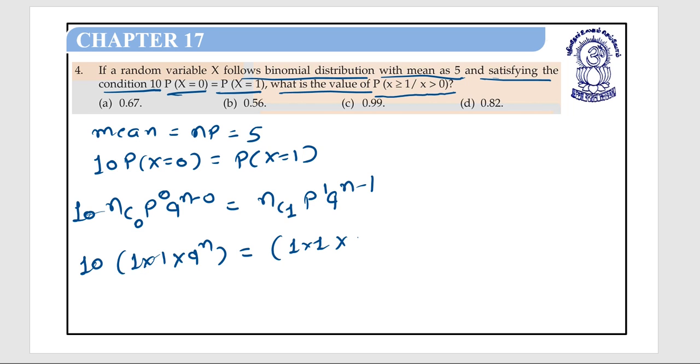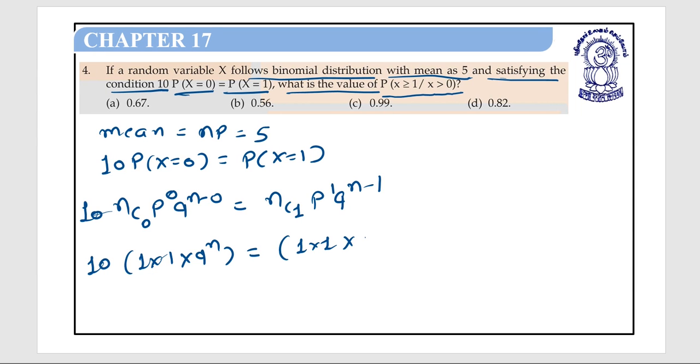nC1 means n, p, q raised to n minus 1, q raised to n cut. So 10 is equal to np upon q.